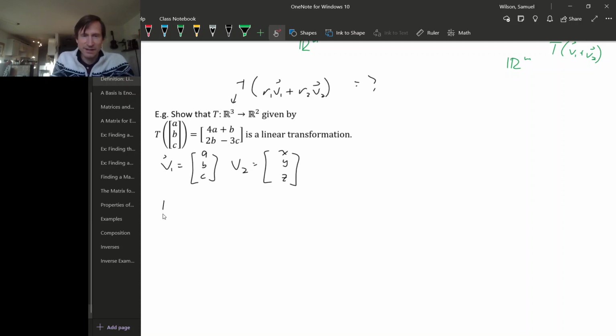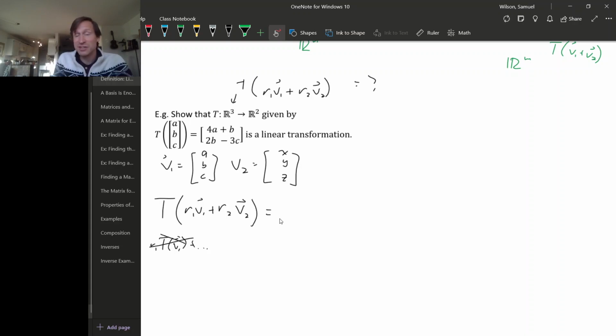And now we can see what T does to R1V1 plus R2V2. Remember, we don't know yet if this is linear, so we can't rewrite this as R1 T of V1 plus and so on, because that would be assuming that this is a linear transformation, which is what we're trying to show.